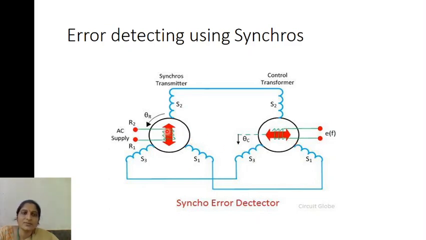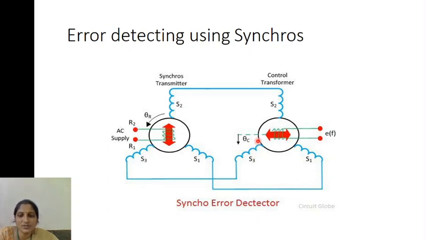Now to measure this error, suppose this rotor has moved at an angle theta r in the anti-clockwise direction, and the control transformer rotor has moved with an angle theta c. The difference between these two angles indicates the error.